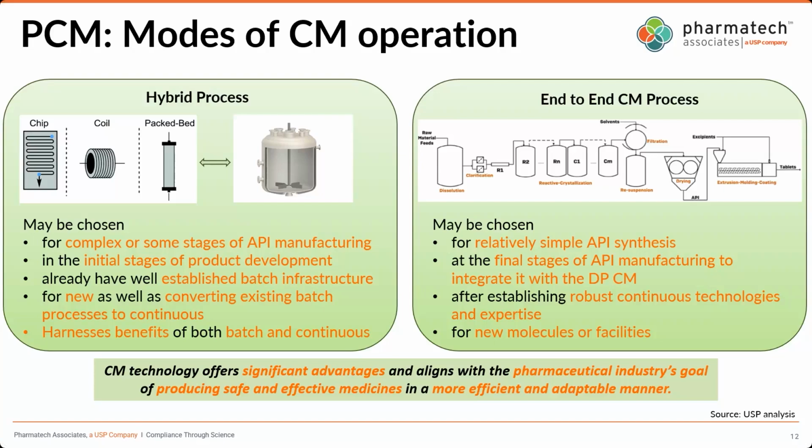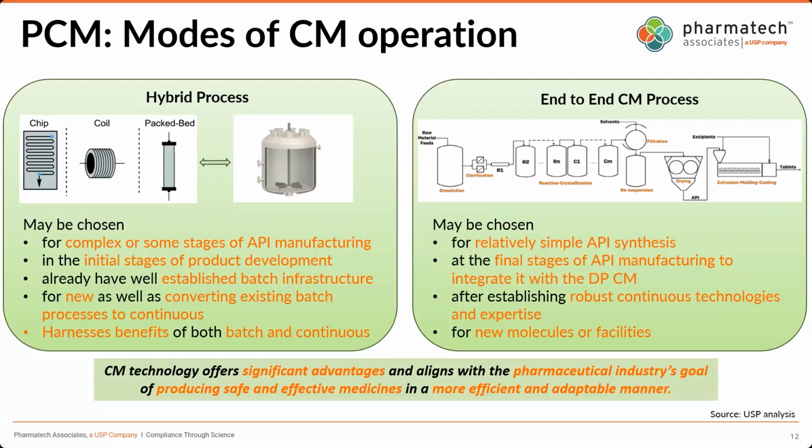But CM technology offers significant advantages and aligns with the pharmaceutical industry's goal of producing safe and effective medicines. So now that we have seen the advantages of continuous manufacturing, what are the different types of CM approaches?